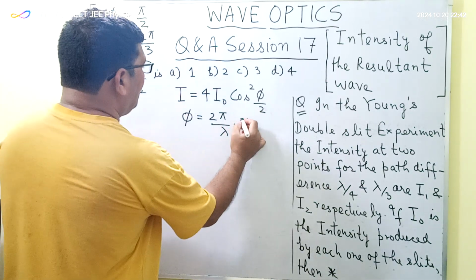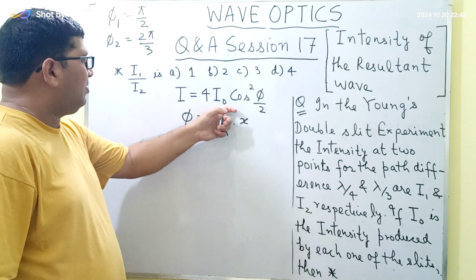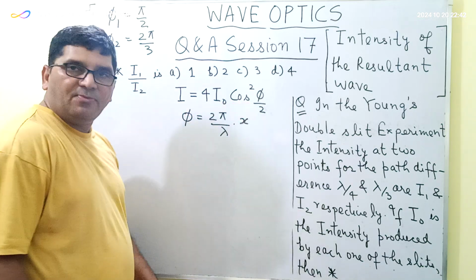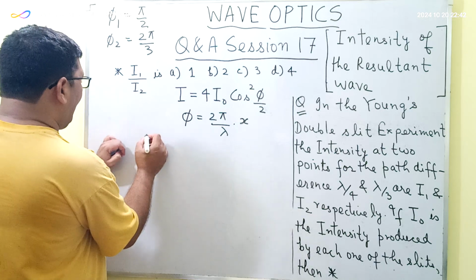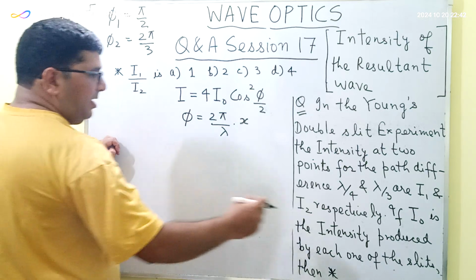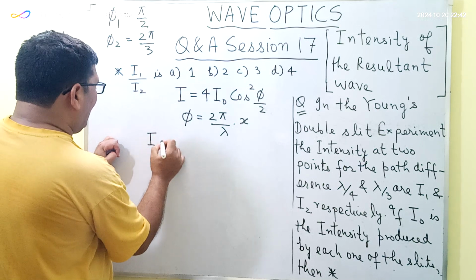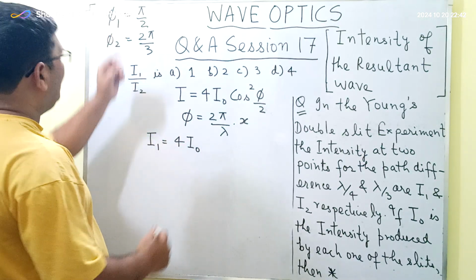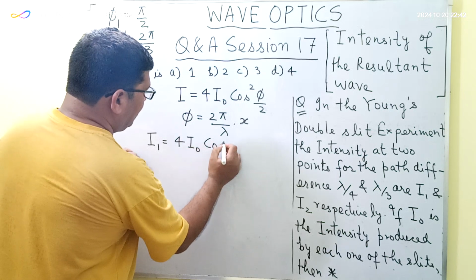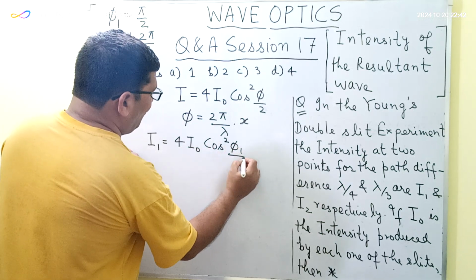Now, the intensity of the resultant wave is equal to 4 times I0 into cos square of phi by 2, where phi is the phase difference. So in the first case, let us say the intensity is equal to I1. So I1 will be equal to 4 times I0 into cos square phi 1 upon 2.